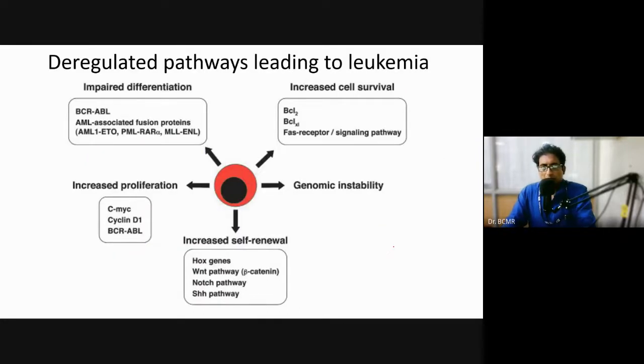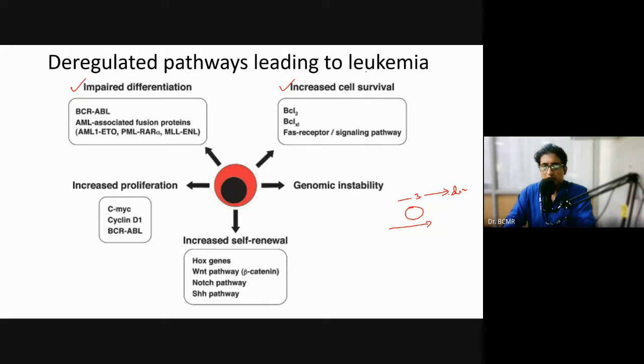So there are multiple pathways that could lead to leukemia. Impaired differentiation is one part. Increased cell survival. The cells should die after a certain time period. The cells have cell turnover, which means they are alive for, say, for red blood cells, it's about 3 months, I think, and then they die. Right?